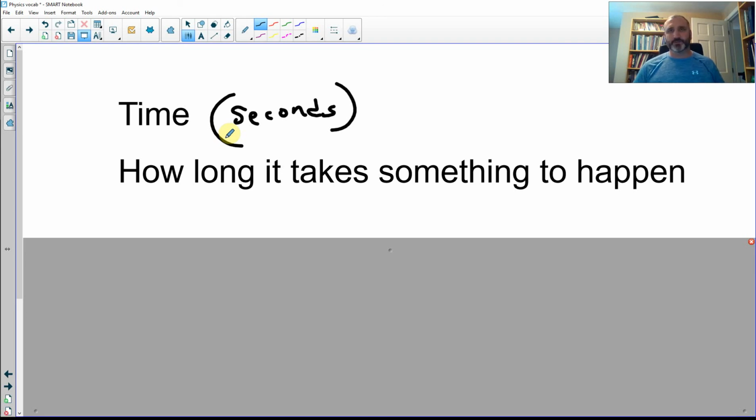We very rarely use hours or minutes. But the technical definition for time is just how long it takes something to happen. If I drop a ball, I want to time how long it takes for the ball to be released from my hand until it hits the ground. If I want to time how long it takes to make a trip, I want to know how much time passes between when I leave my house at 11 o'clock and I get to New York City at 3 o'clock. I want to know how much time has passed in seconds.